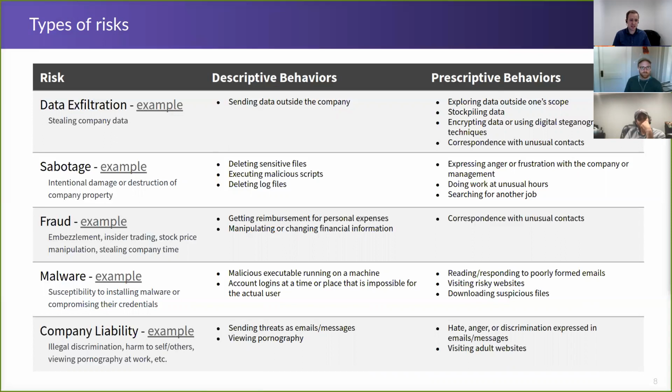And then the last one is just company liability. Anything that causes undue liability to the company, that would be illegal discrimination, harm to yourself or harm to others, anything that could potentially result in a lawsuit against the company.